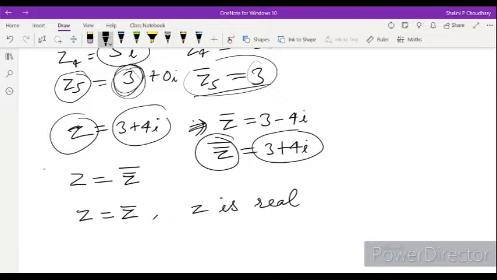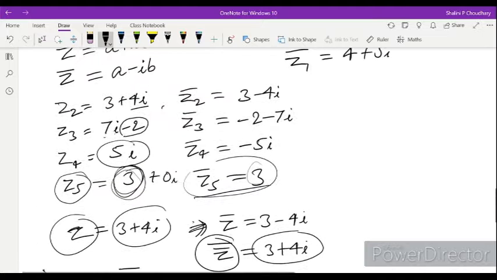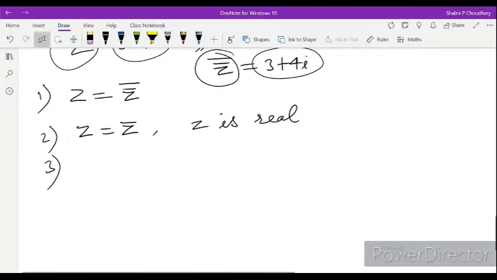One more thing: what did we see with Z4? There is no real part, only an imaginary part, so the whole number changed, meaning a minus came on the whole number. So if Z is equal to minus Z bar, it means Z is imaginary.